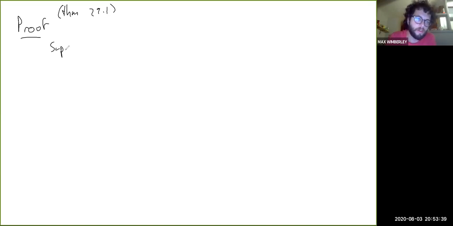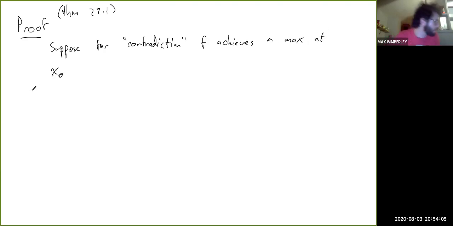Suppose, for contradiction, I guess, although this is really more of an argument by contrapositive, that f achieves a maximum at x naught in the open interval (a, b), and f prime of x naught is greater than 0.